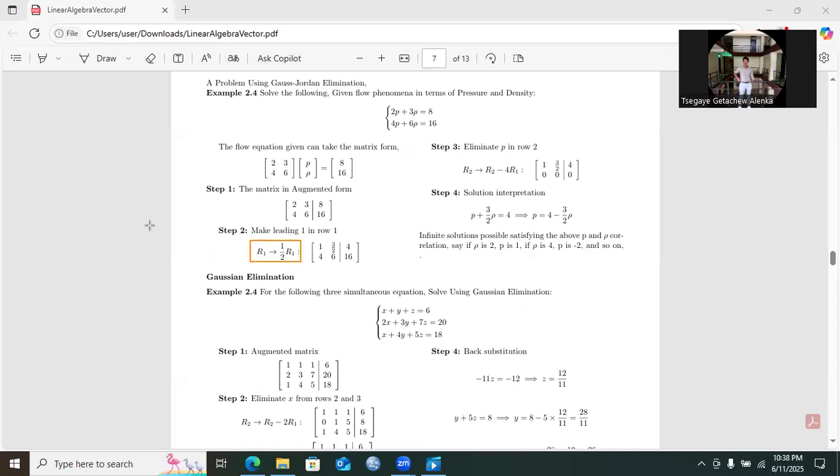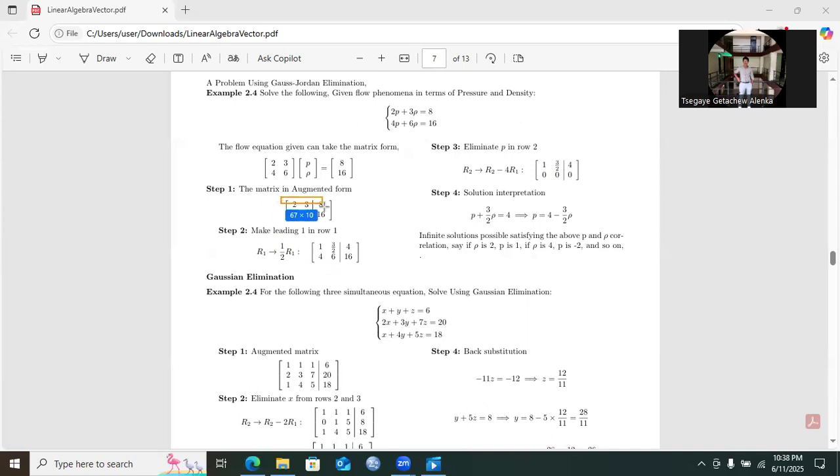Since the entry in column 1 of row 1 is 2, multiplying the entire row in the augmented form by its reciprocal is to achieve unity in the first element, while keeping everything else other than row 1 intact.